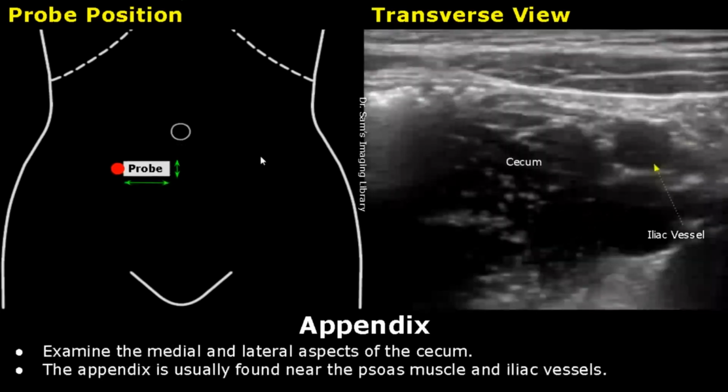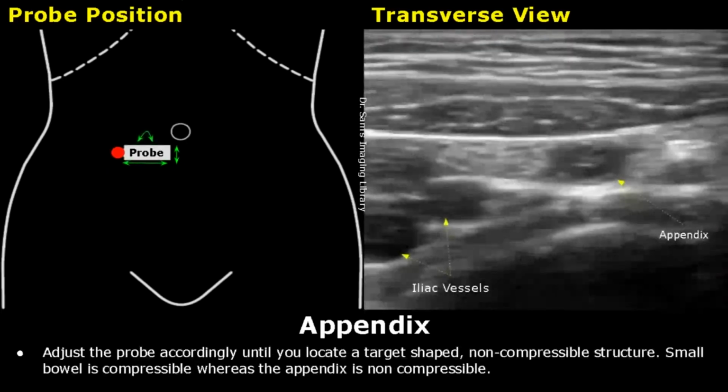Examine the medial and lateral aspects of the cecum. Usually the appendix is found near the psoas muscle and the iliac vessels. Adjust the probe accordingly, like this, near the umbilicus, until you find a target-shaped, non-compressible structure.